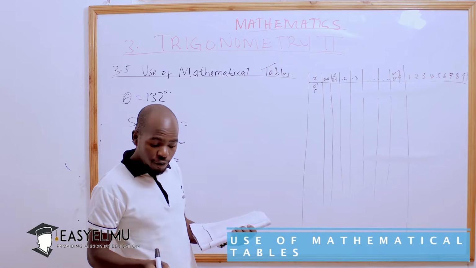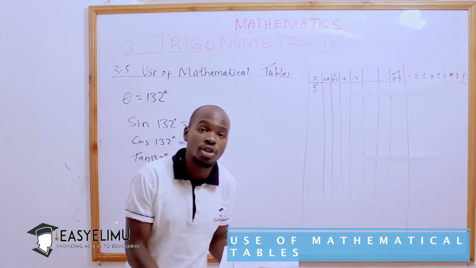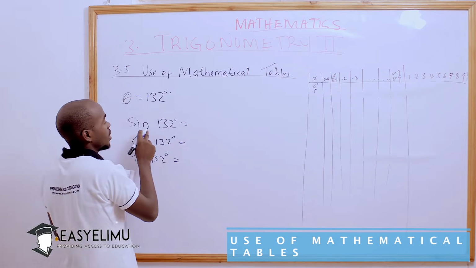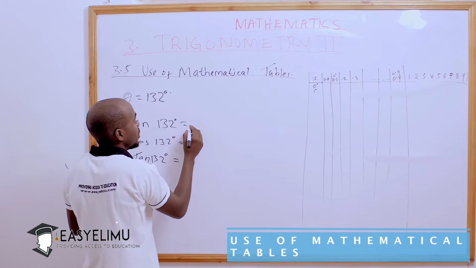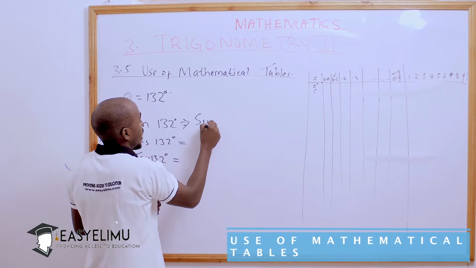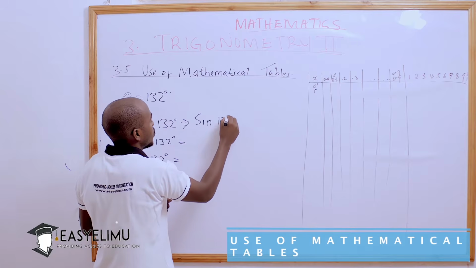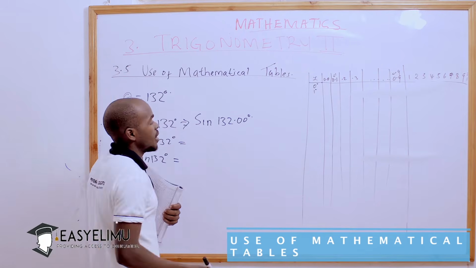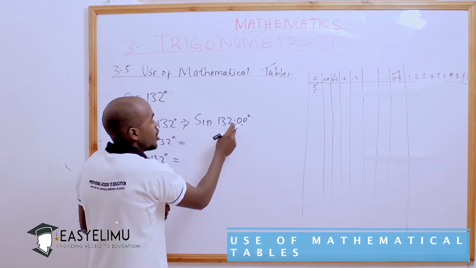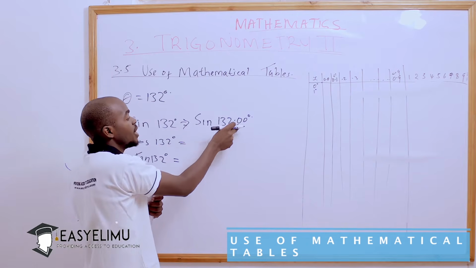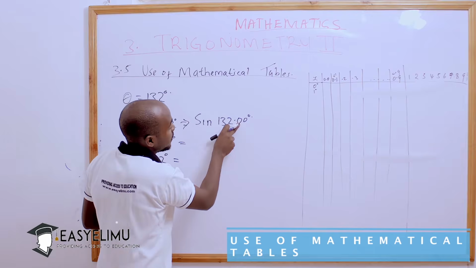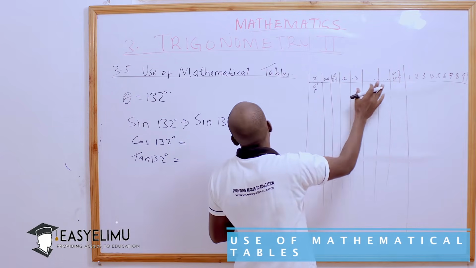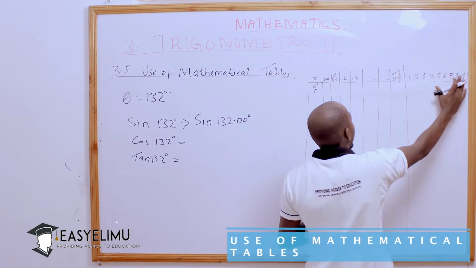And for example, if we need to find the sine of 132, this can also be written as sine 132 degrees, 132.00 degrees. Here now, this 0.00 degrees means that the first 0 will be located at the first column here, and the second one is located where the numbers are.